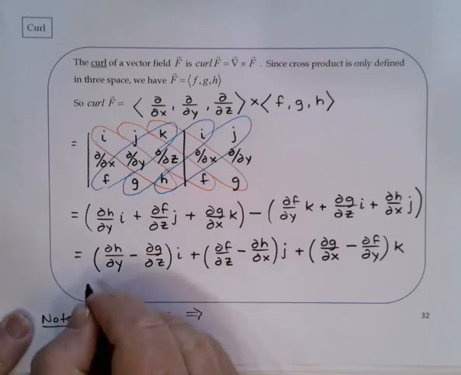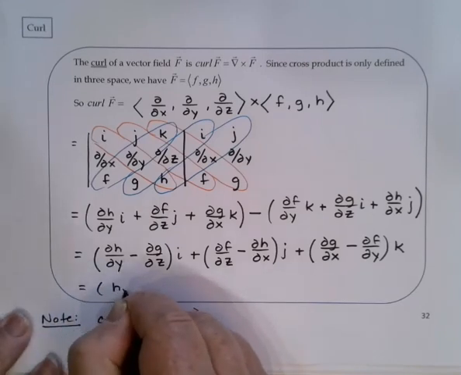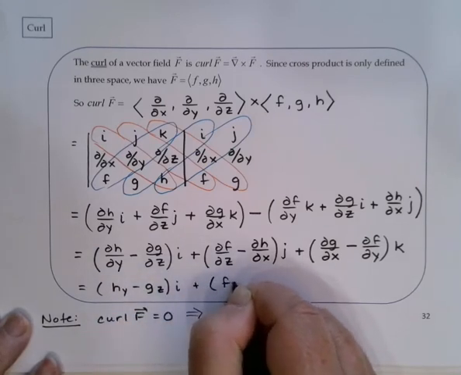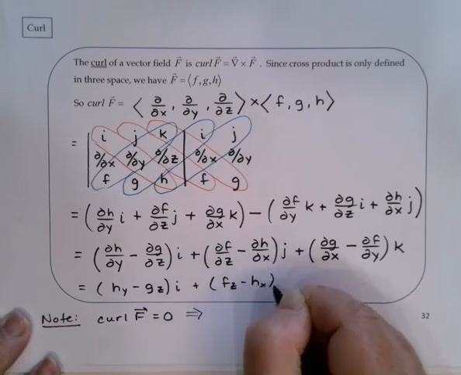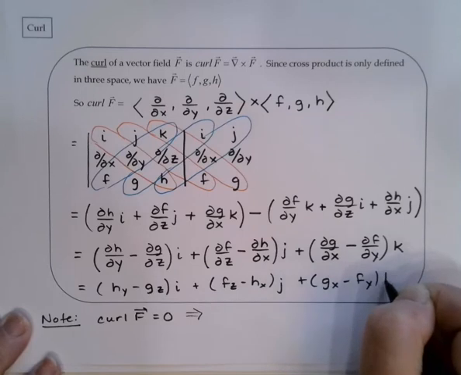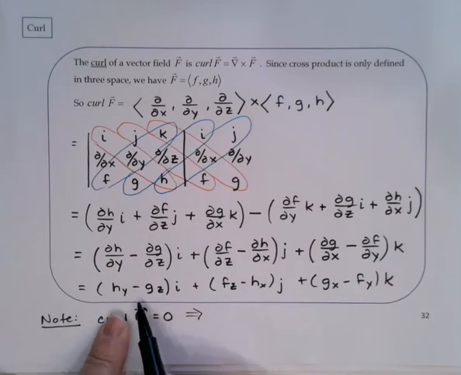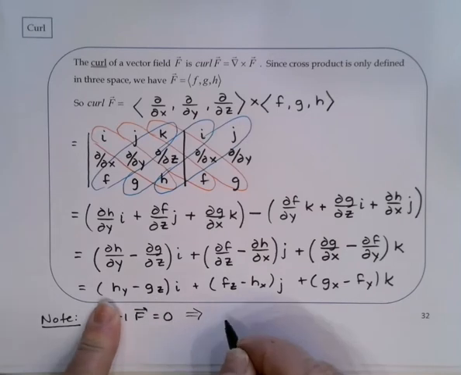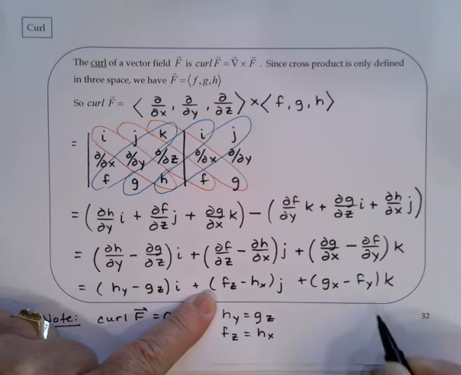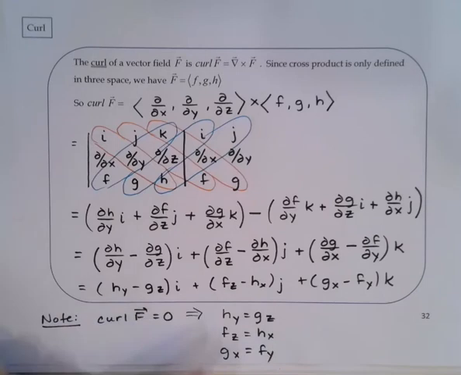So if this component, and maybe I'll just go ahead and write these with their abbreviated forms here, if this is 0, then h sub y would have to equal g sub z. And if the second component is 0, f sub z has to equal h sub x. And if the third one is 0, g sub x has to equal f sub y.